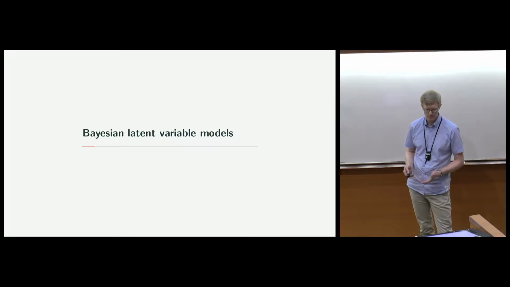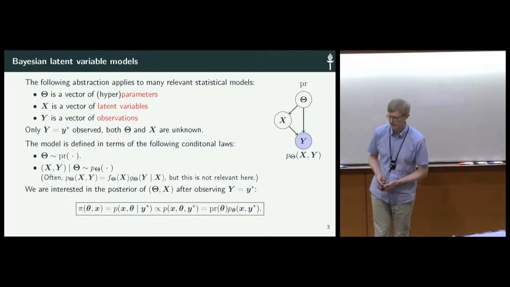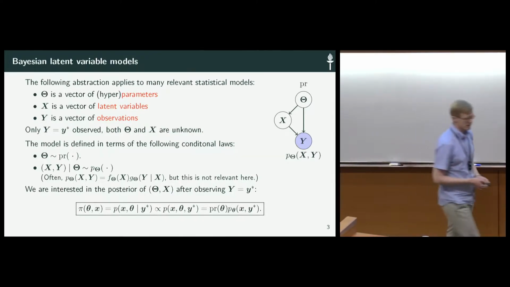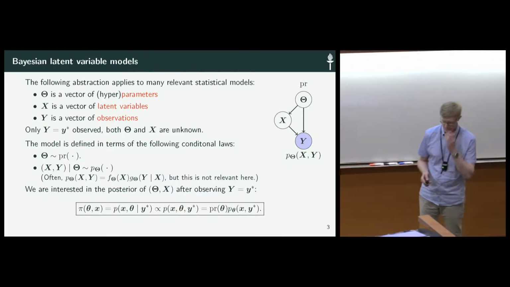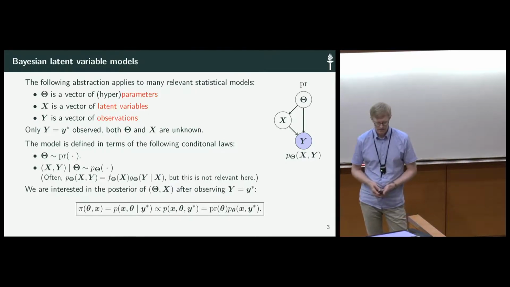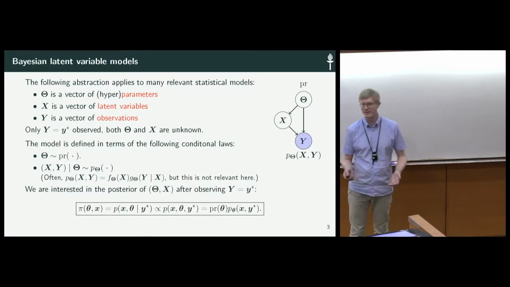Okay, so what's the class of models? This is an abstraction of various interesting statistical models, and I'm keeping it fairly abstract, but basically it's a joint model of three variables, theta, x, and y, which I call hyperparameters, latent variables, and observations.